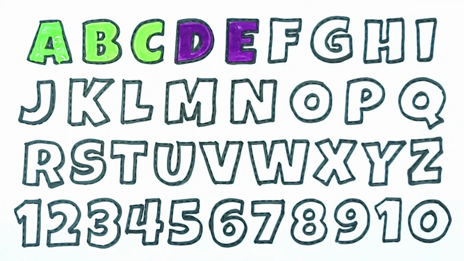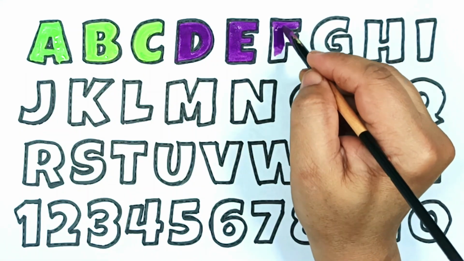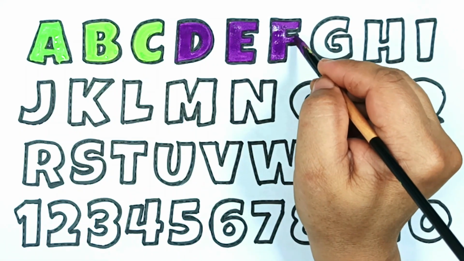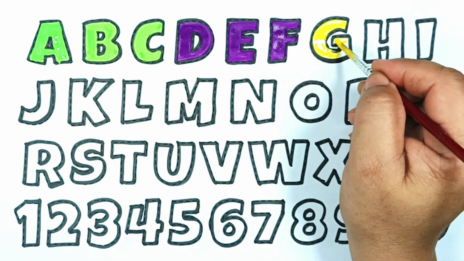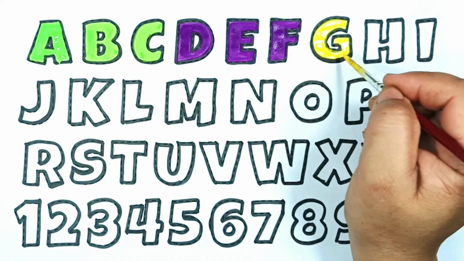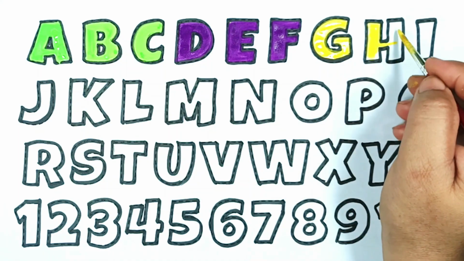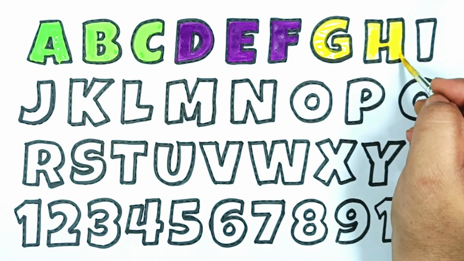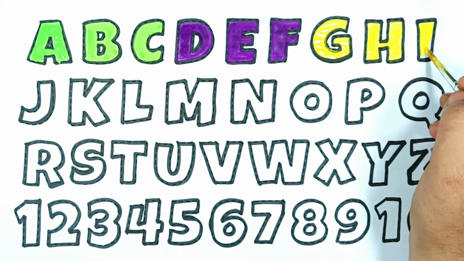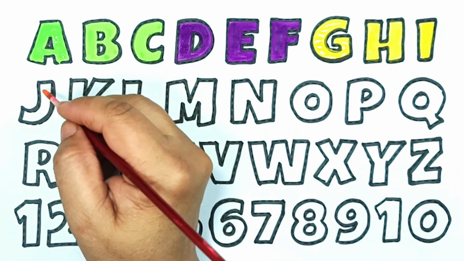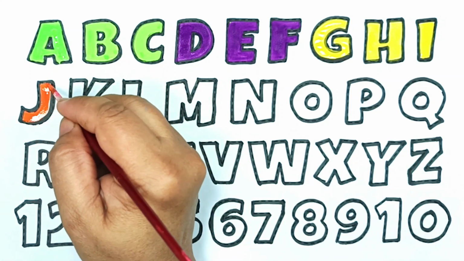E for egg. F for frog. G for glass. H for hat. I for igloo. J for jam.